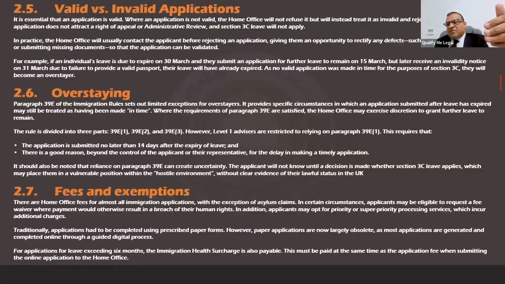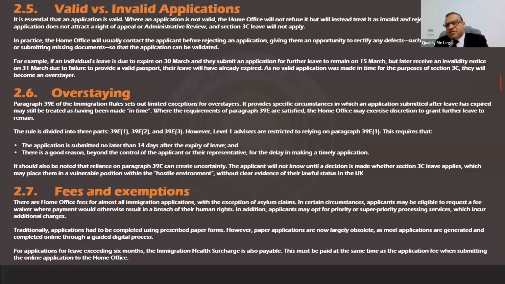And in practice, what normally happens if you submit an application and that application is not valid, for the sake of argument, because there's an issue with the fee, the Home Office will give you ample time to submit the appropriate fee, and they normally ask you before rejecting it, because this is part of the procedure that you should be given an opportunity to correct that error which has been made in the application.